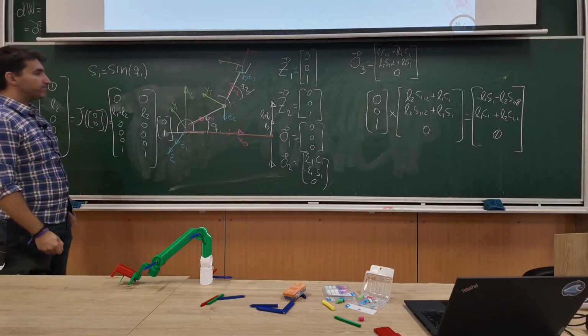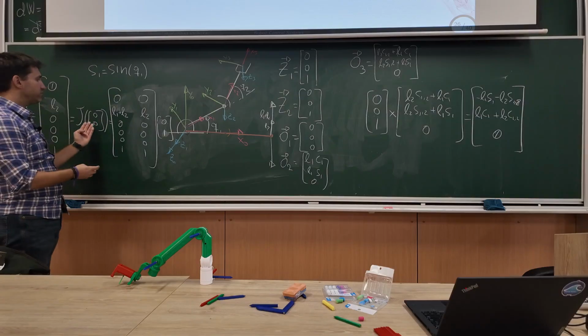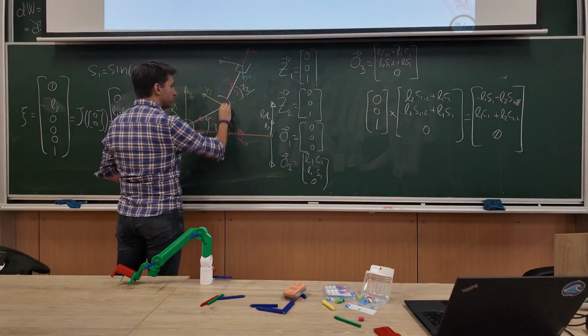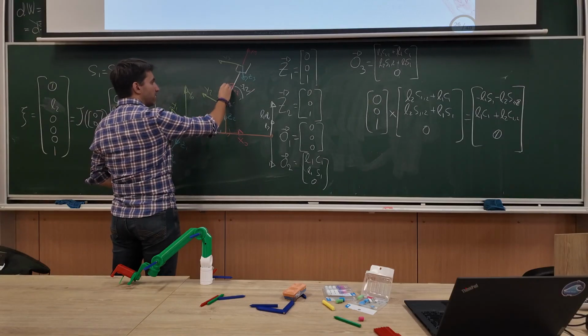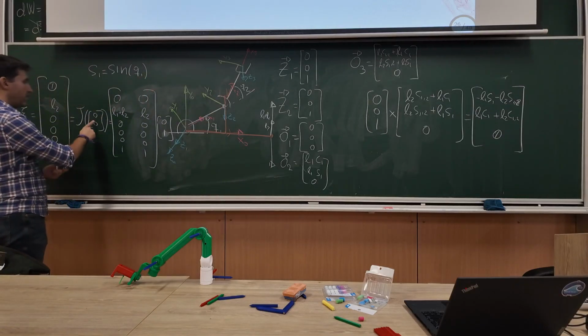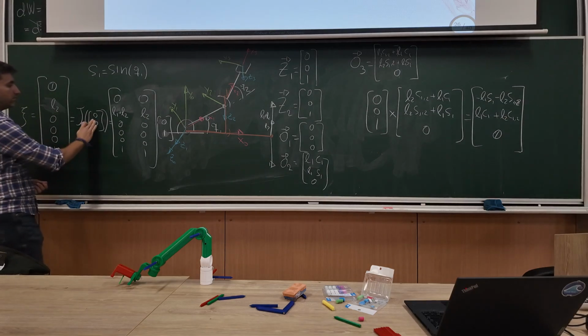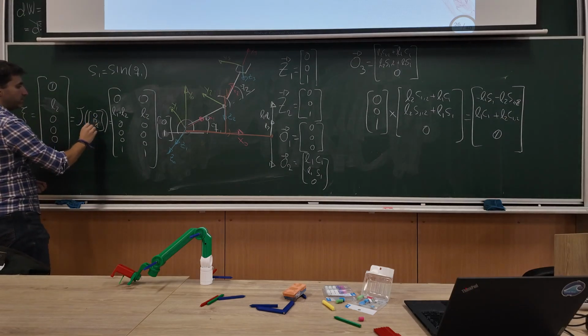Right? I could evaluate this at different joint configurations. So let's say, I don't know, this one being 0, this one being 90 degrees. So then I evaluate the Jacobian where Q1 is 0, Q2 is pi over 2, right?